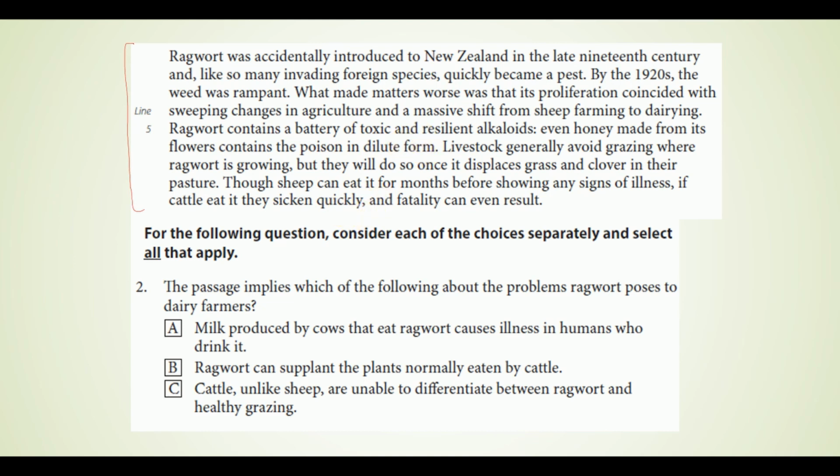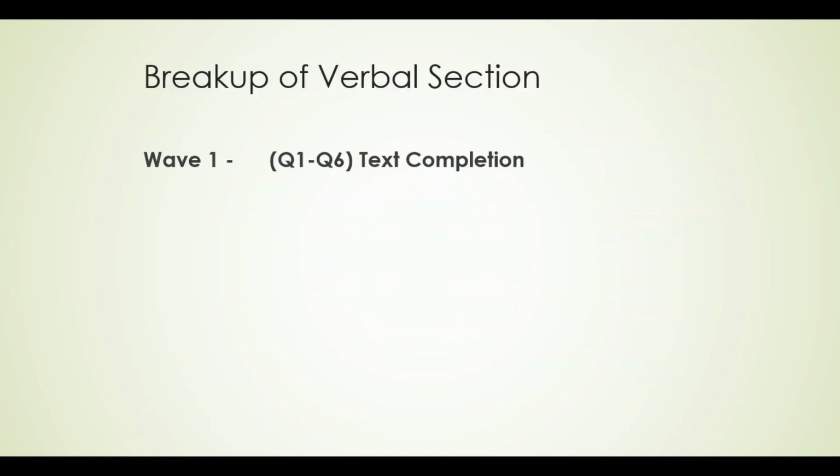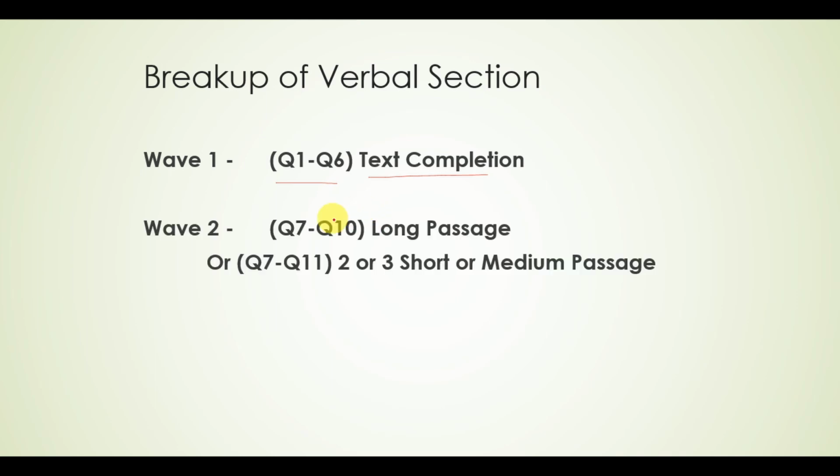Alright. So your first set of questions are typically your text completion questions. After you've completed 5 to 6 text completion questions, you get another wave of questions from the reading comprehension.